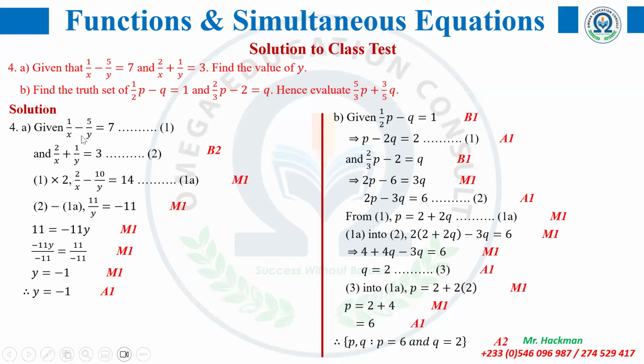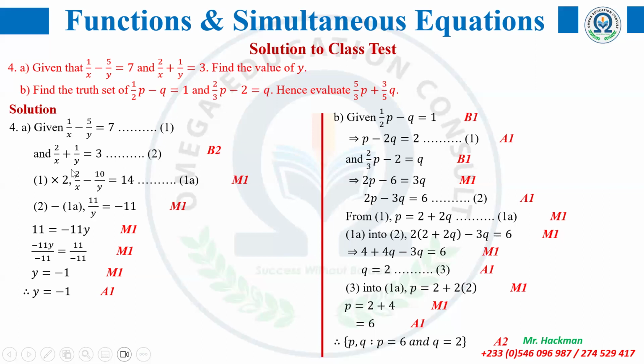I told you that if your denominators are variable denominators, don't clear the fraction. You clear the fraction when the denominators are constant rather than variable. So here, I didn't clear before labeling. The second one too, I didn't clear before labeling. So B1 for this, B1 for this, which will give us B2 if you extract correctly.